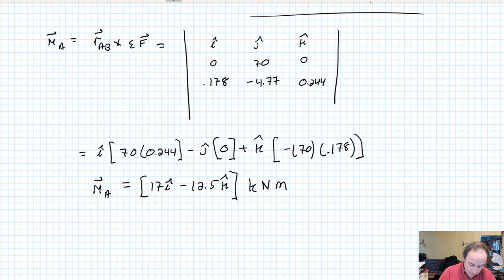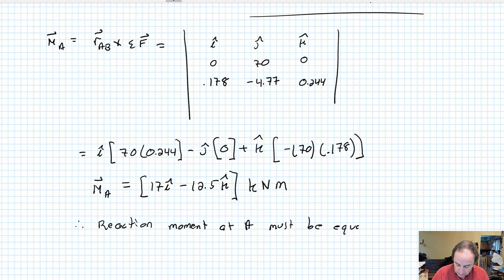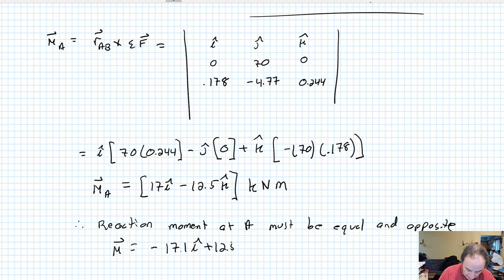So that's the moment about A. Therefore, the reaction moment at A must be equal and opposite. Okay, so that M is going to equal minus 17.1i plus 12.5k.